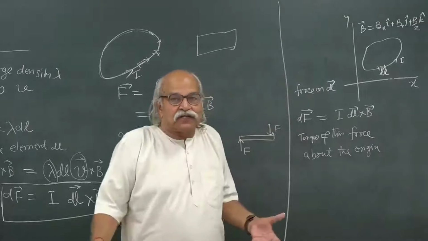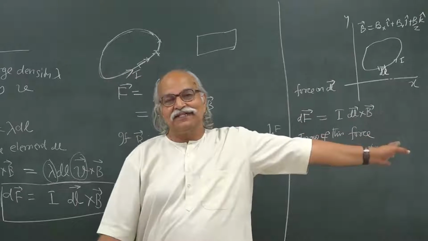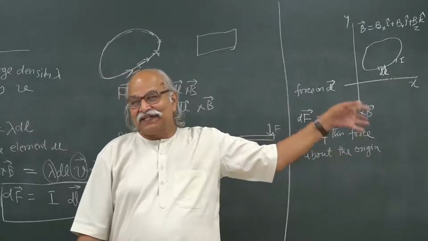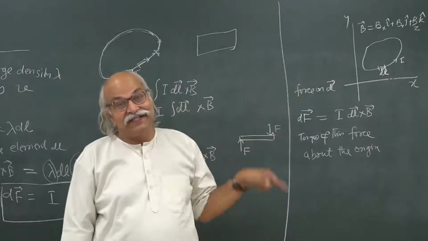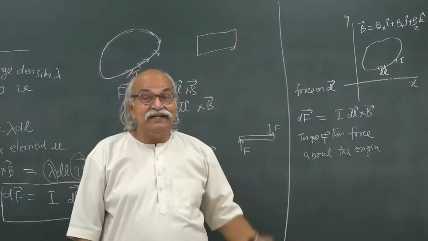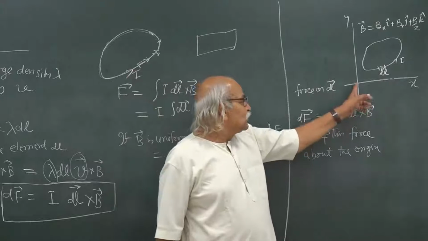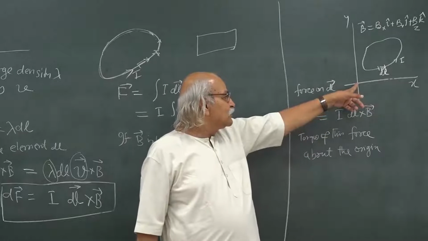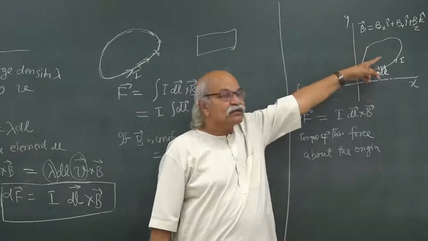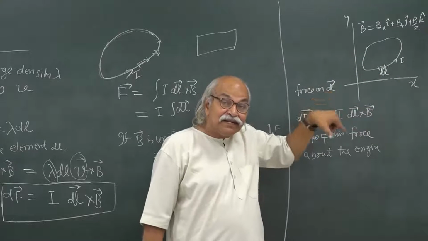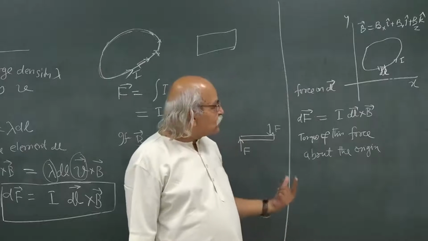When we ask what is the force on some object, we do not care where the origin is, but if you ask what is the torque, then you have to tell where the origin is or about which point the torque is needed. So here we are taking torque about the origin. You can take this anywhere, and the magnitude and direction of torque will not change. It is independent of the origin. Why? Under what conditions?